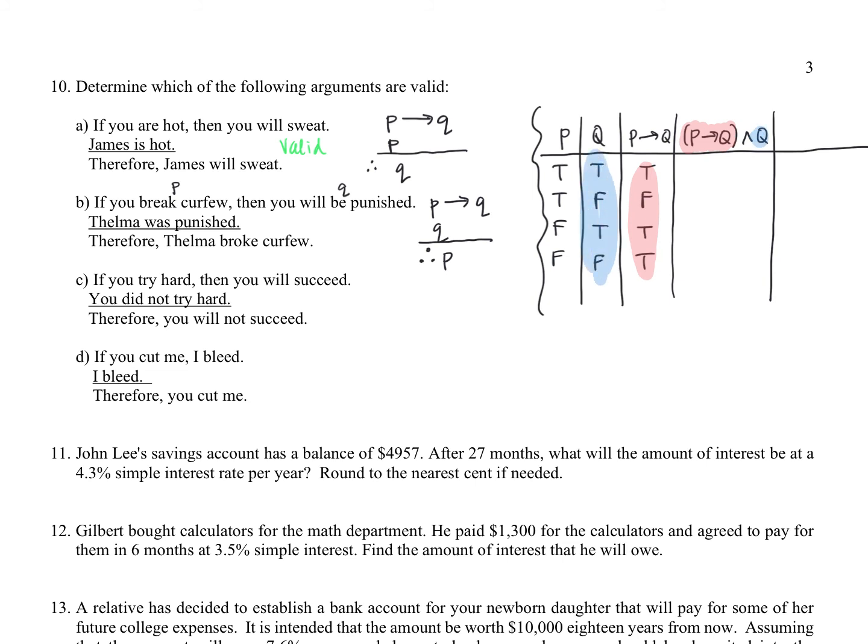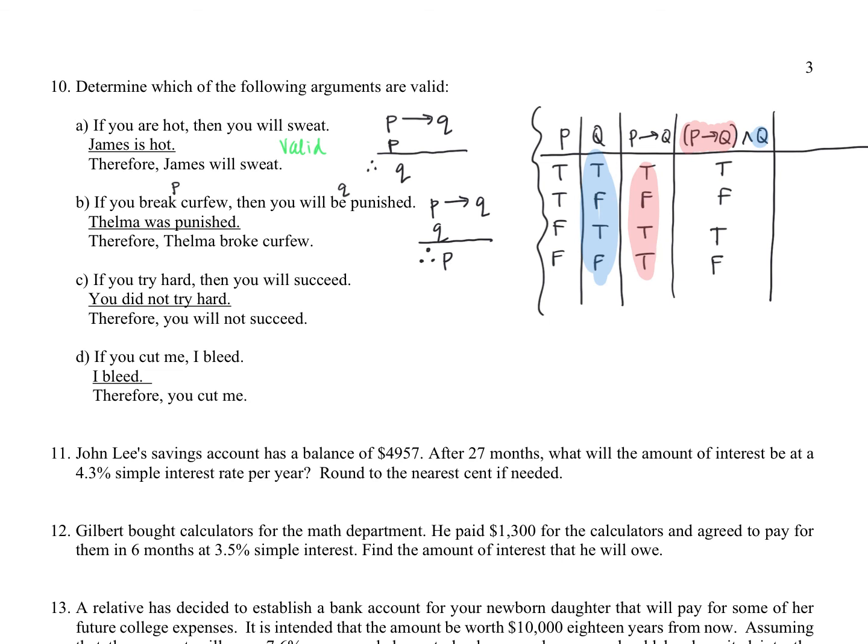This is a conjunction, so we just have to have both of them be true in order for the conjunction to be true. So true, true, true. False, false. True, true, true. Blue is false, so the overall is going to be false.